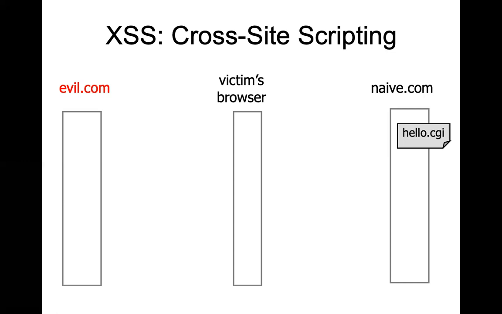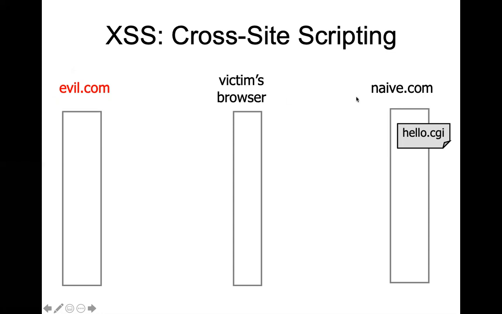Now, this is far from trivial if you don't have a cross-site scripting vulnerability, and the reason is because even if you, the victim, visit evil.com and evil.com were to send you any sort of scripts, those scripts and the content that is sent to your browser from evil.com cannot access your cookies with naive.com. Why is that? Well, the reason is the same origin policy, right?